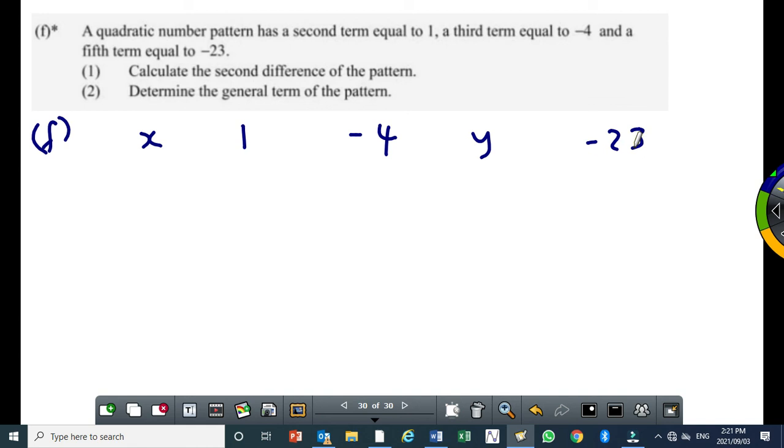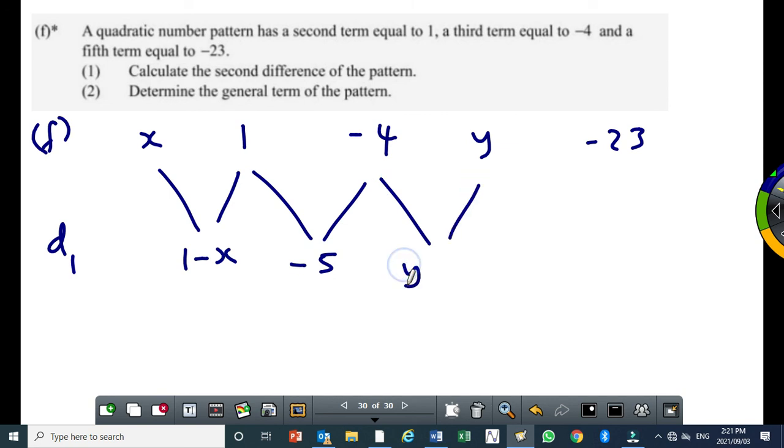Can I have your attention, please? Right? So d1 is 1 minus x, minus 4 minus that will give me minus 5. Then I'll get y minus minus, that will give me y plus 4. I hope you're following here. Minus 23 minus that.